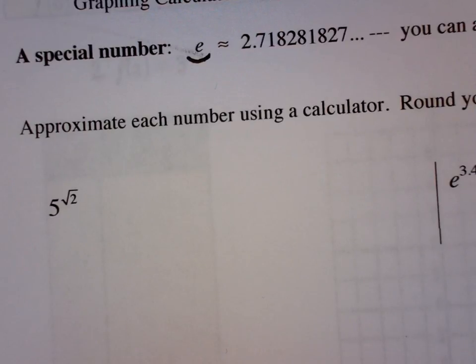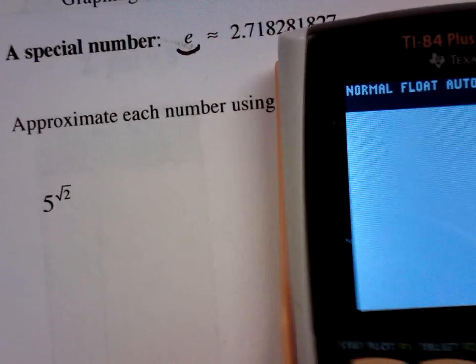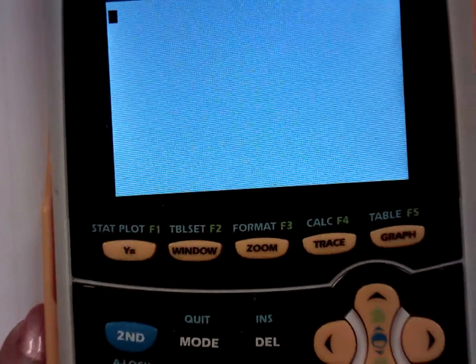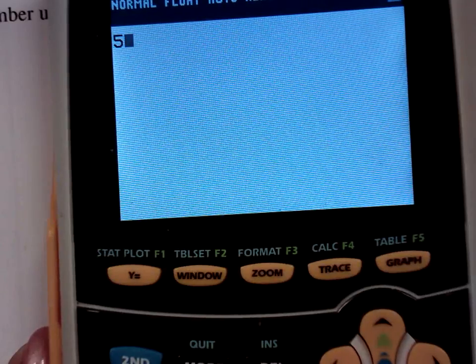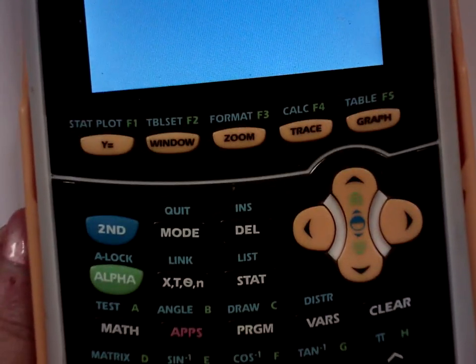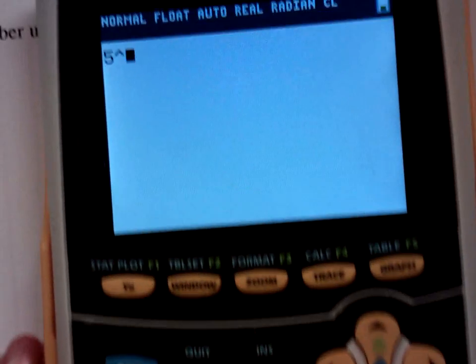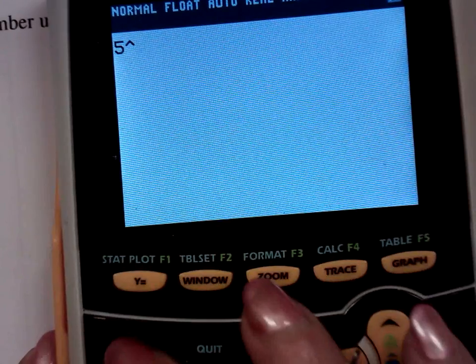And it looks then more like the baby TI, the little blue one. So it would be 5. Then I pick up the caret, which is above the clear key. That gives me my exponent. And then square root is above x squared.